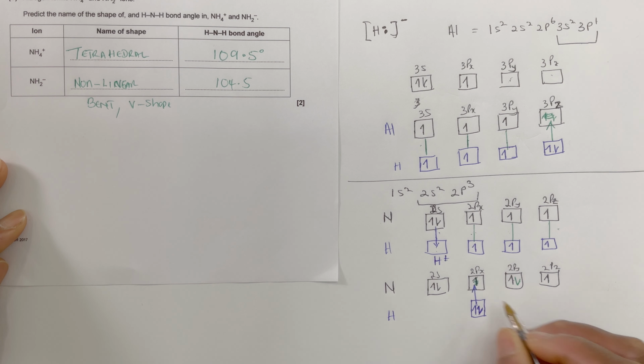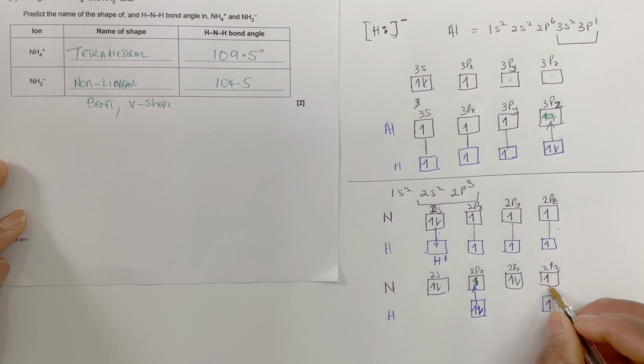So you've got 2 electrons that go in there, and then you've got your normal hydrogen bonding going on here. So that's just a normal hydrogen forming a covalent bond there. So that's a covalent bond, and that's a dative covalent bond.